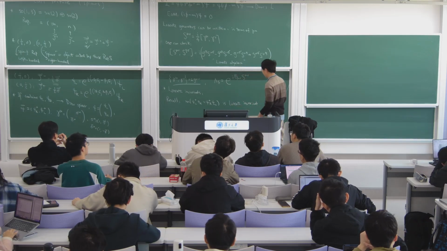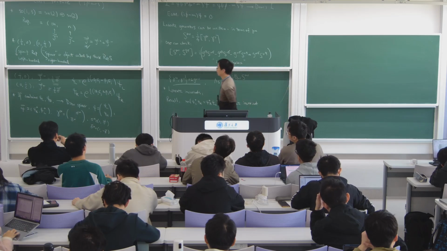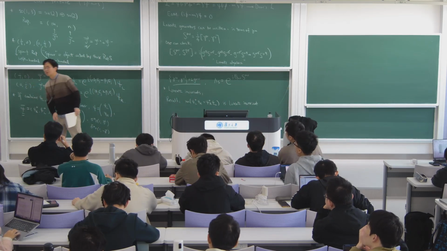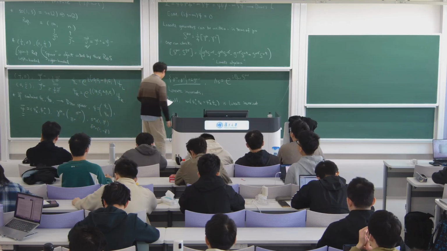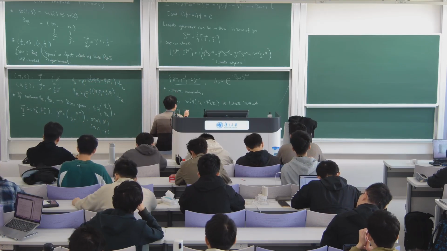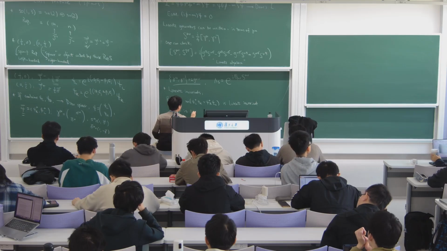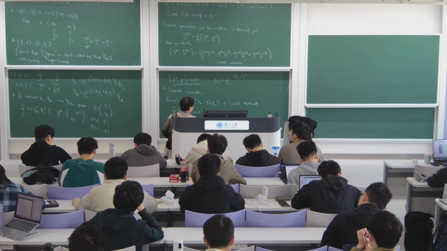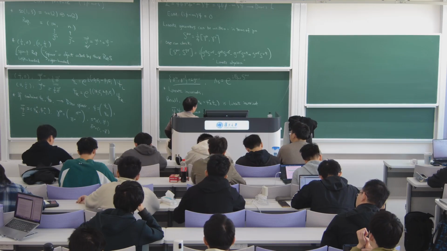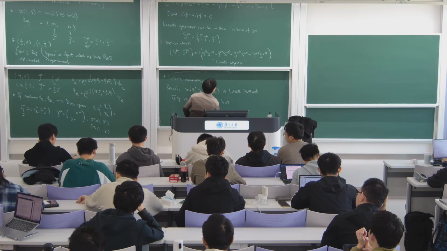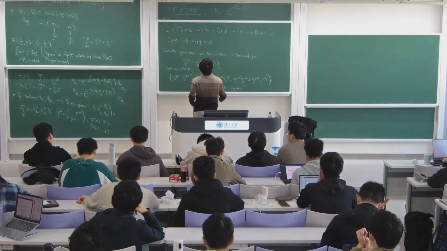We discussed this kind of thing, and we justified that this is Lorentz invariant. This means what? Using the new 4-component notation, this means psi bar psi is Lorentz invariant, but not psi dagger psi.